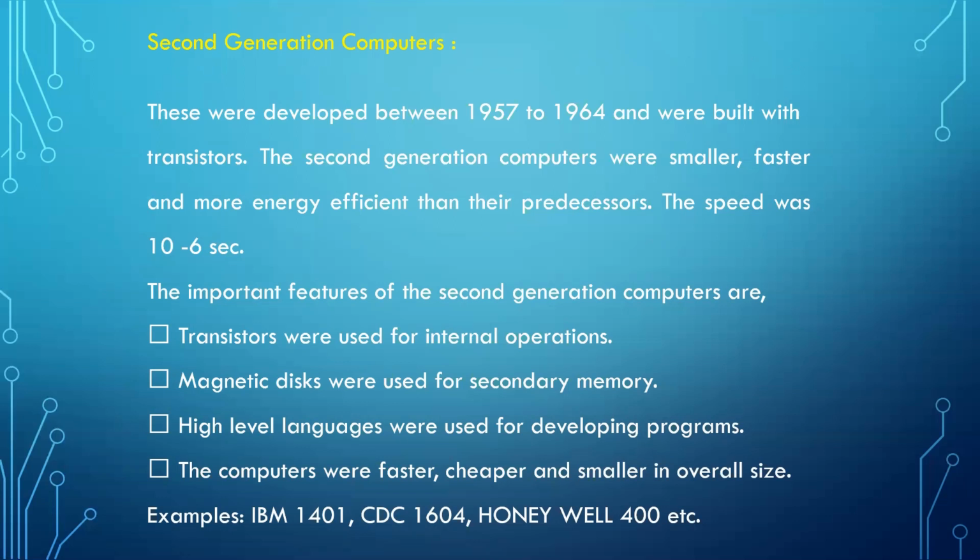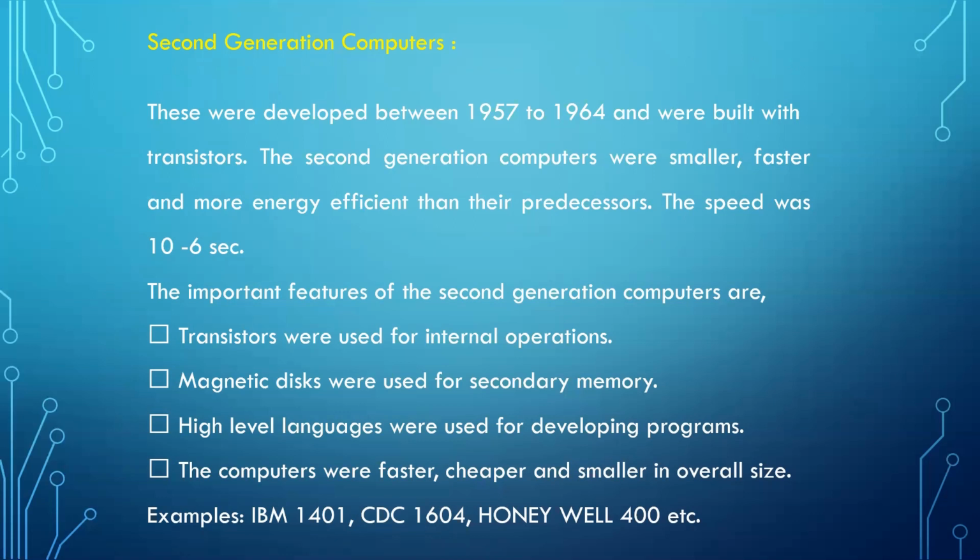The first generation was 1946 to 1956, and the second generation is 1957 to 1964, and these computers were built with a device called transistors. We are replacing vacuum tubes by transistors.